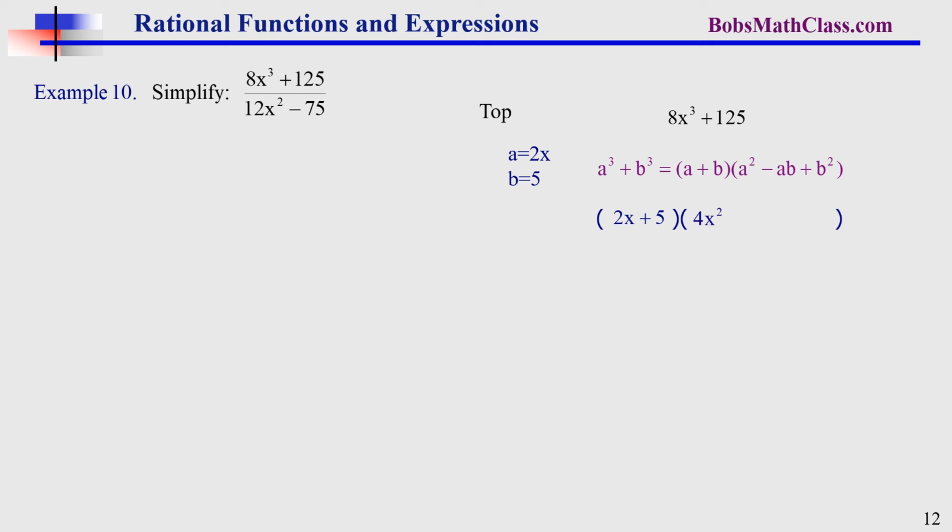Then a minus, because there's a minus in the formula. Then it says a times b. 2x times 5 will be 10x. Then a plus, because the formula says plus. B squared, b is 5, so 5 times 5 will be 25. That's it, we're done with the top.